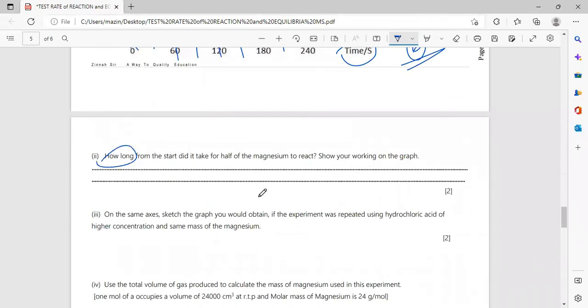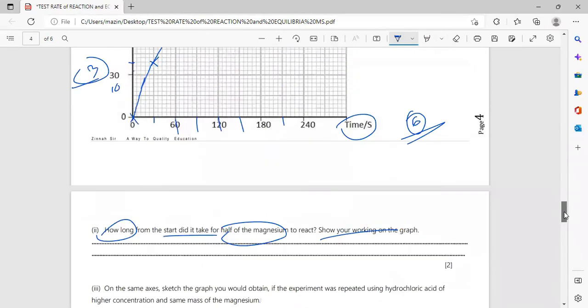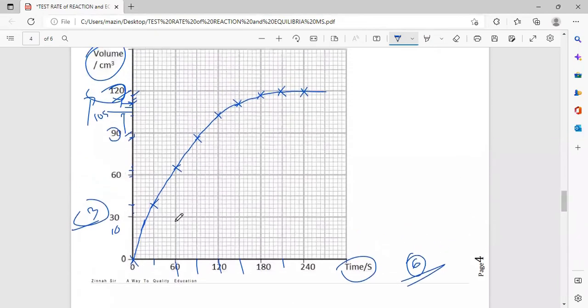How long from the start did it take for half of the magnesium to react? So you're working on the graph. This is talking about half-life. When the reaction is complete, all the magnesium has reacted, and you got the result, 120 cm³ volume of the gas. If half of the magnesium has reacted, that means it produced 60 cm³.